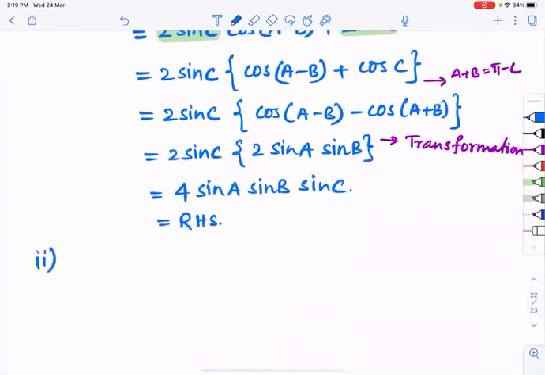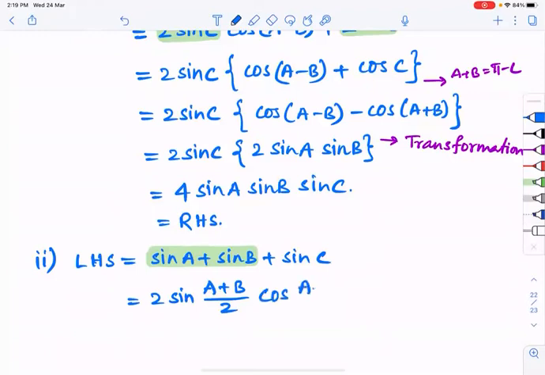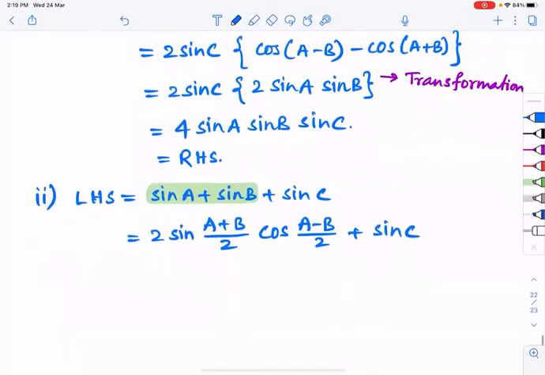Similarly, we can try to solve the second. Second one, our LHS is equal to sin A plus sin B plus sin C. So of course, I will be applying the transformation formula for the first two terms, and I will get it as 2 sin((A plus B)/2) into cos((A minus B)/2) plus sin C. Right.